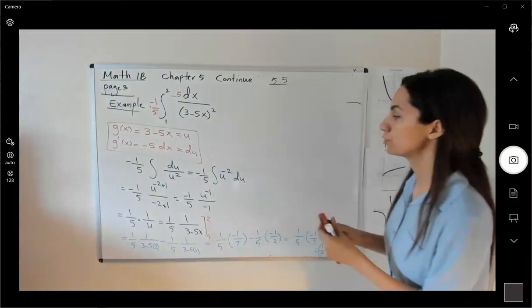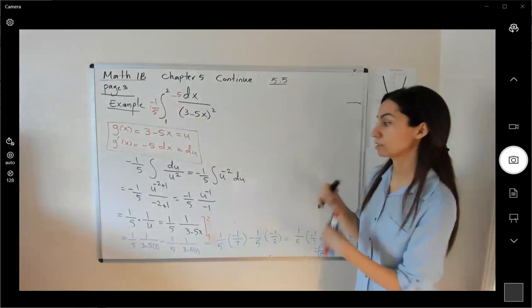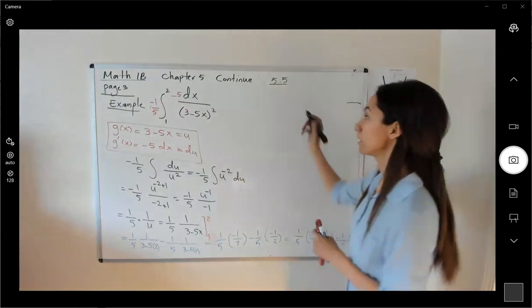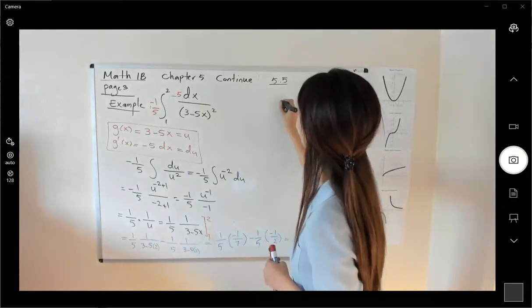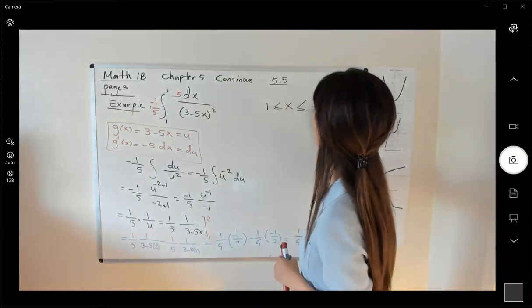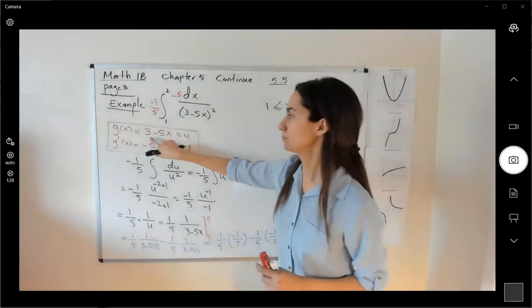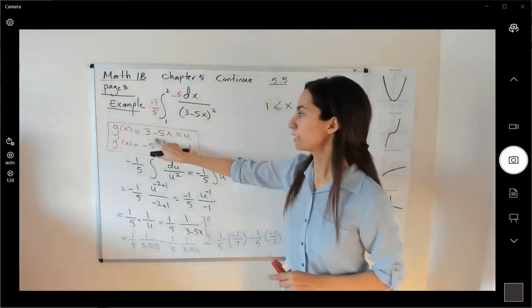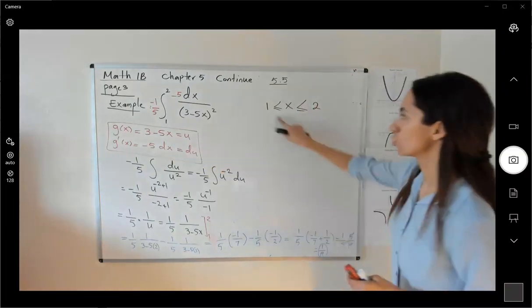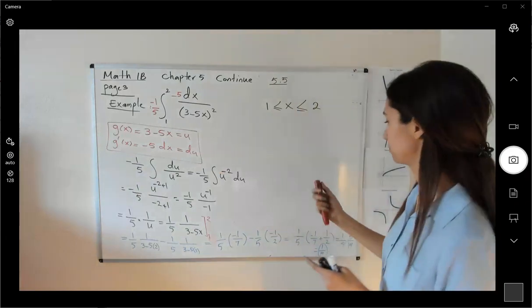So if you want to change the lower limit and upper limit, since you want to use u, it's like this. Your x is between 1 and 2. What about your u? First of all, u is 3 minus 5x. So you multiply everything by negative 5.